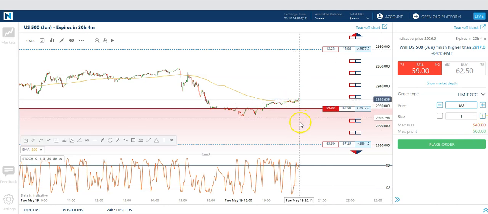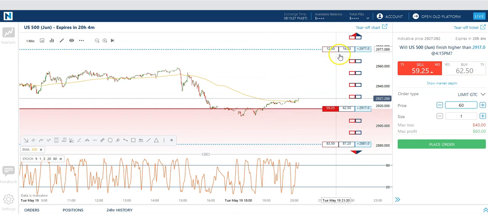Now, if we fall and we come down to this 28.81 level, what I sold would be deep out of the money, right? So what is it, 59? I could probably buy back. And if we look at these levels up here, big move.